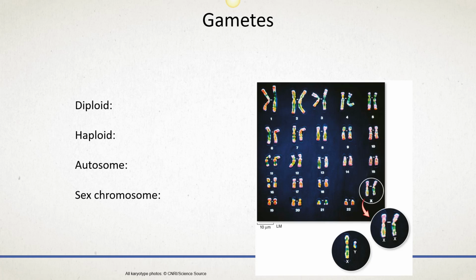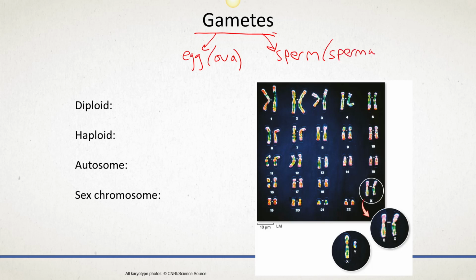So what is a gamete? A gamete is an egg, also called ova, or sperm, also called spermatozoa. Gametes are haploid, which means they only have one copy of each chromosome.